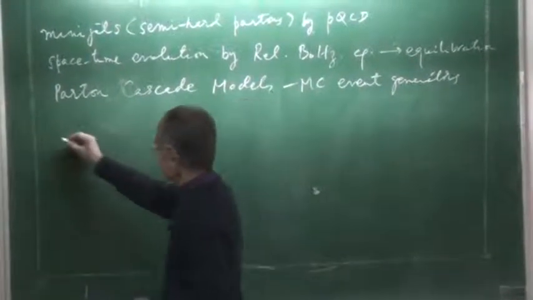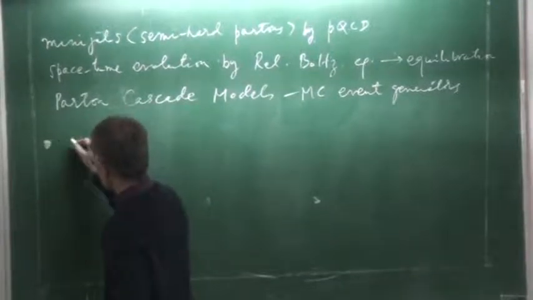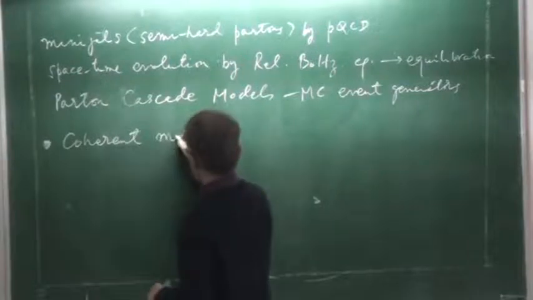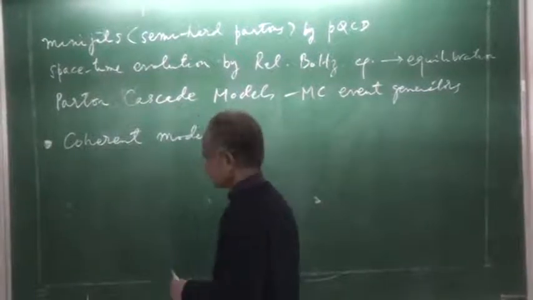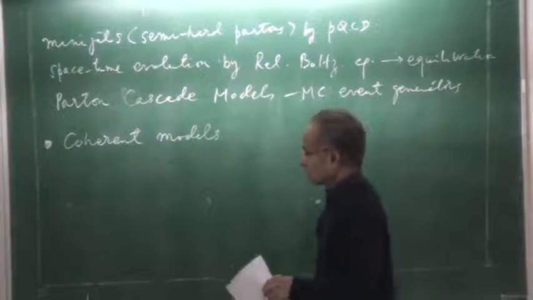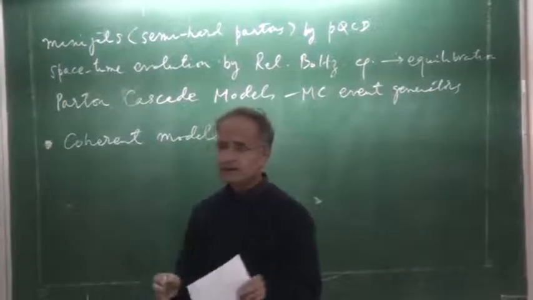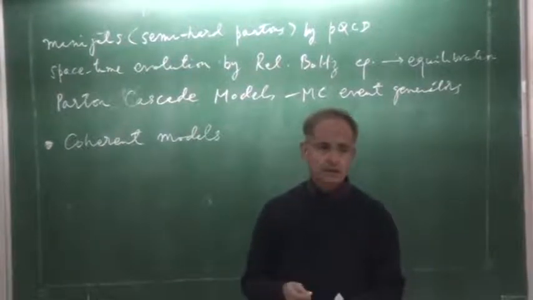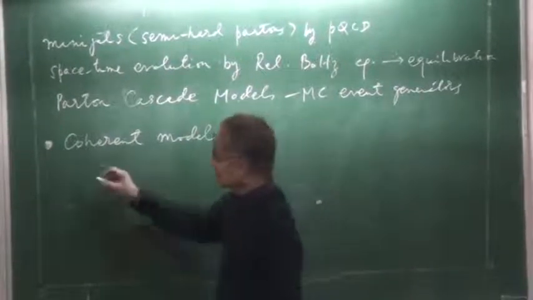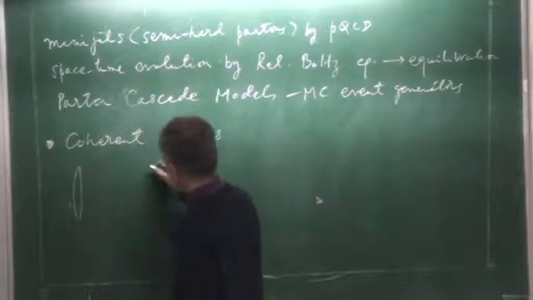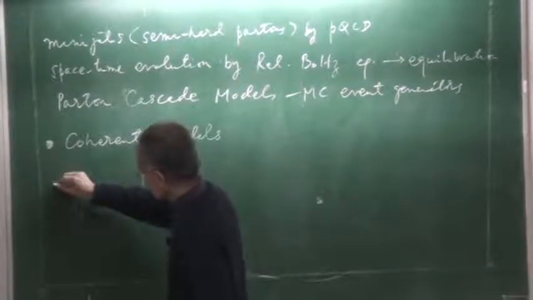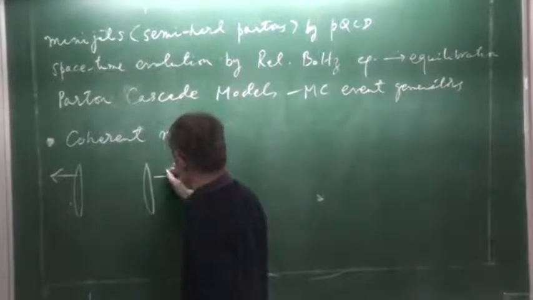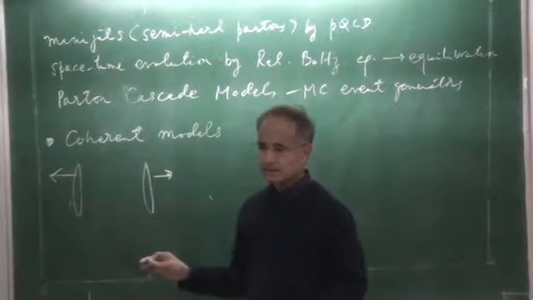There is also another class which are coherent models. The idea is like this: when the two nuclei collide and pass through each other, they exchange colored gluons. As a result, you have a situation where the receding nuclei, each of these is color charged.